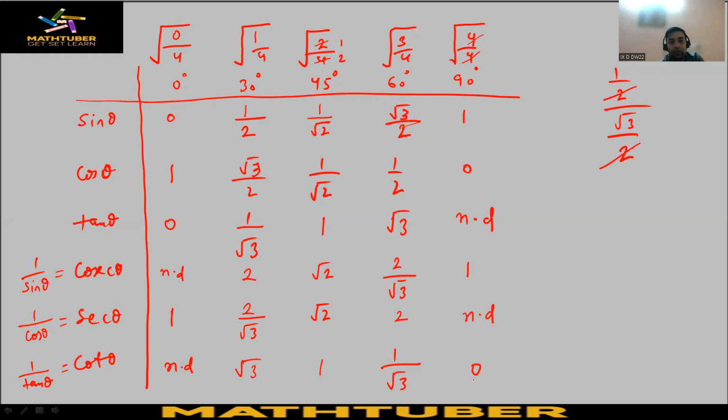And this is the short trick to draw the table so that if you have not learned all the values, which is difficult to learn, then you can just form this table and see all the values from here, right? And with the questions that you will do, you will be able to learn all the values that are given here.